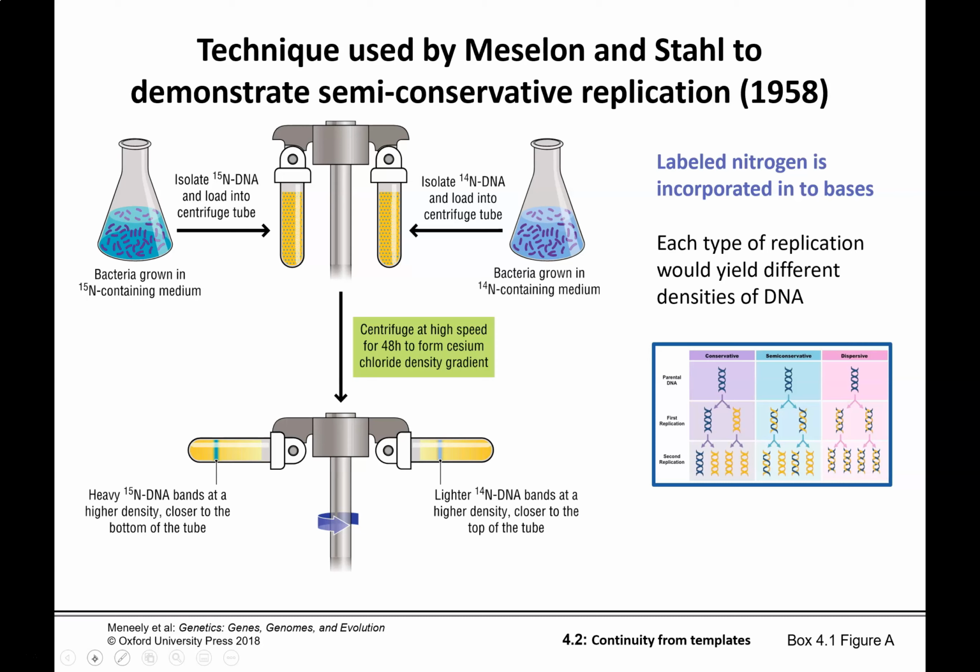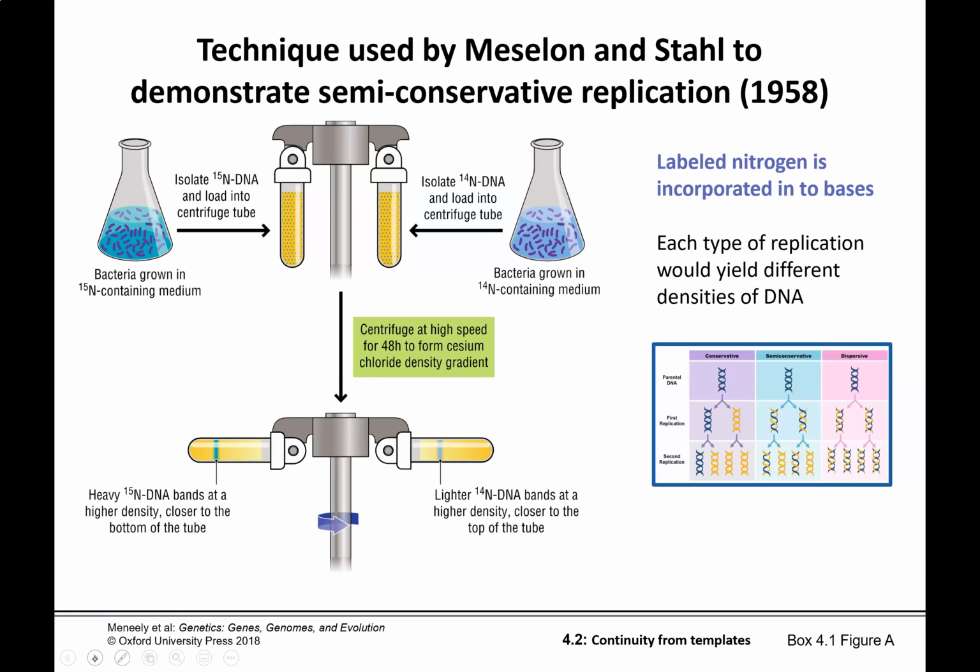I don't want you to get too lost in the details here. I want you to understand the general idea of how this worked. And I think that understanding some of the history is really important because we tend to lose some of these really cool old experiments when we're busy thinking about all kinds of fantastic DNA sequencing techniques and things like that. So let's talk about this one.